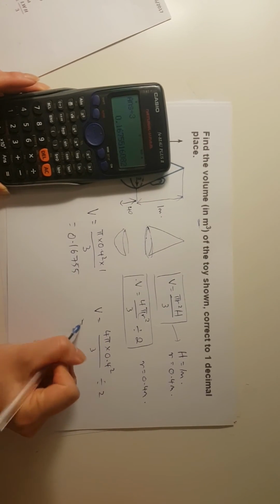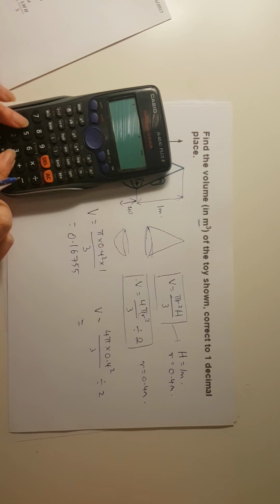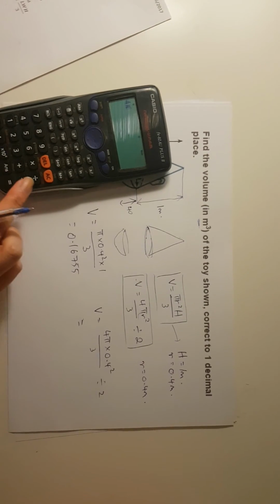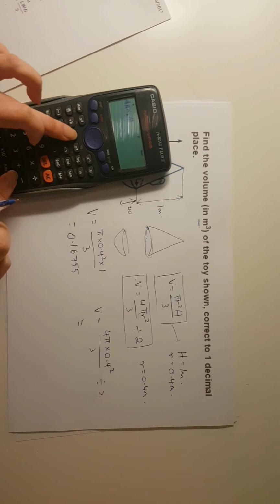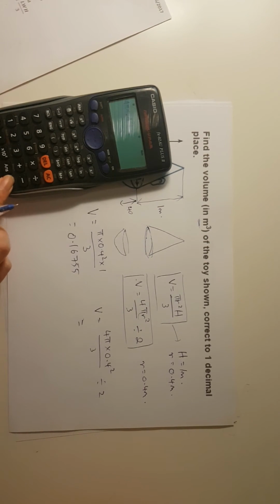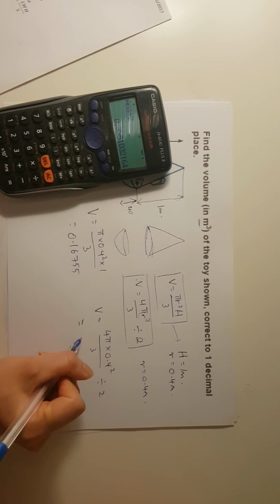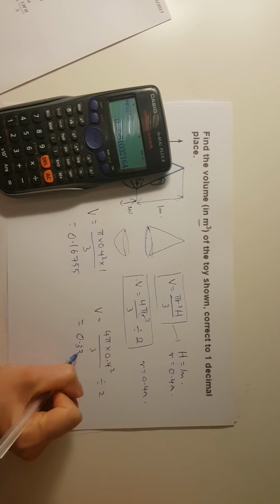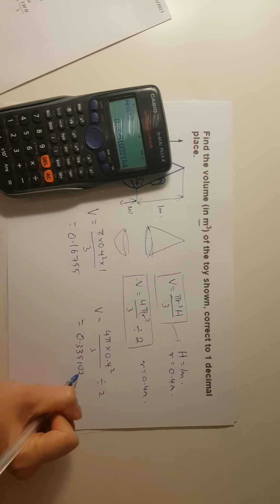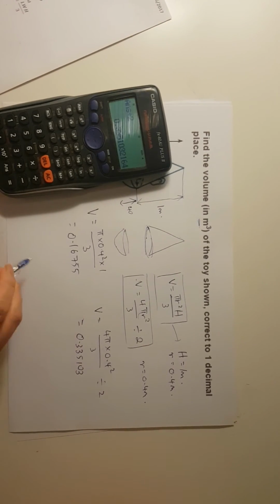Over here, let's work that out as well. So it'll be 4 pi times 0.4 cubed divided by 3, divided by 2 because we've only got half of it, and that's 0.335103. I'll leave it at that.